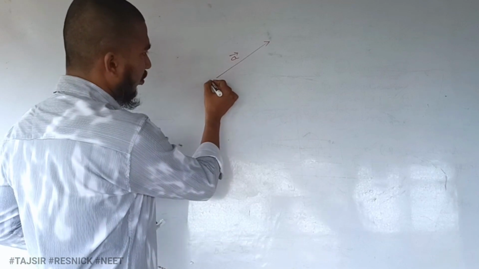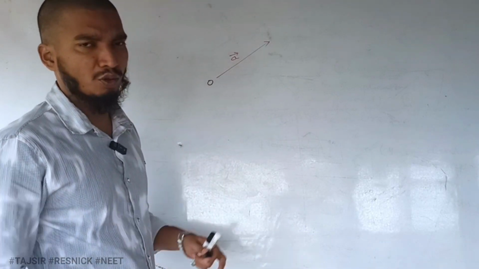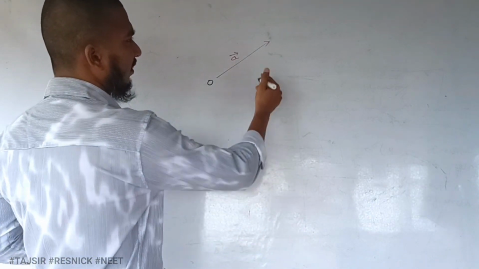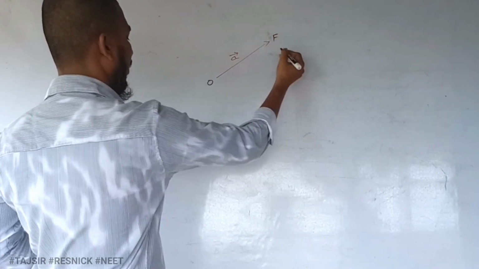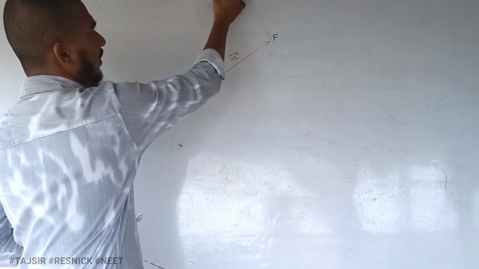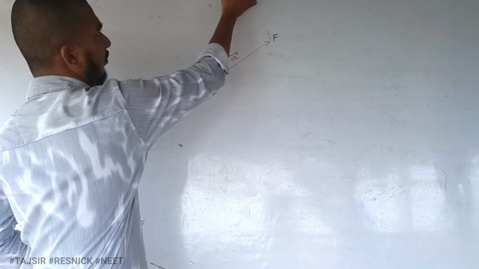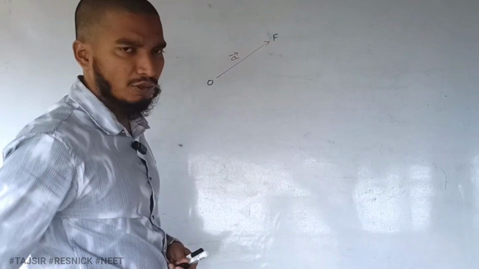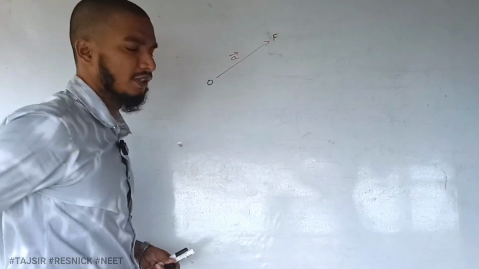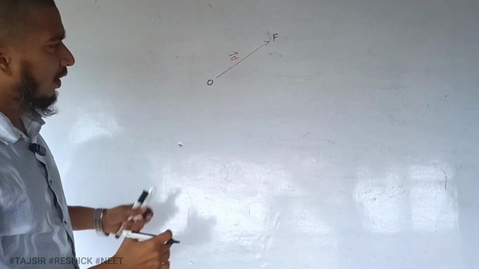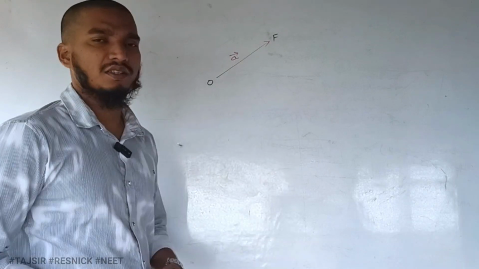This is point O, our origin or initial point, and this is our final point F. So we can say that we have a vector OF, and this is equal to vector A as we have shown in the figure. Now we want to resolve this vector.